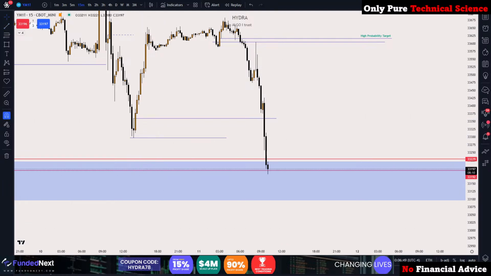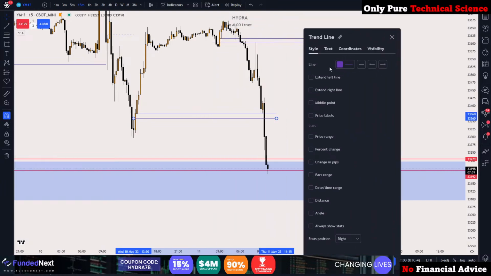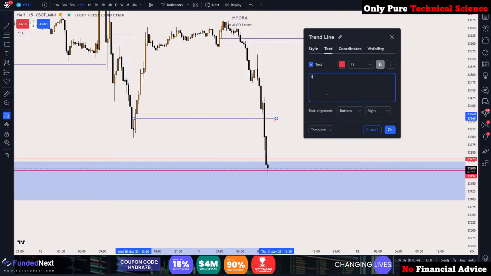I do see this inversion fair value gap where price can reach up to. Okay, so I'll just mark it, 15-minute inversion.